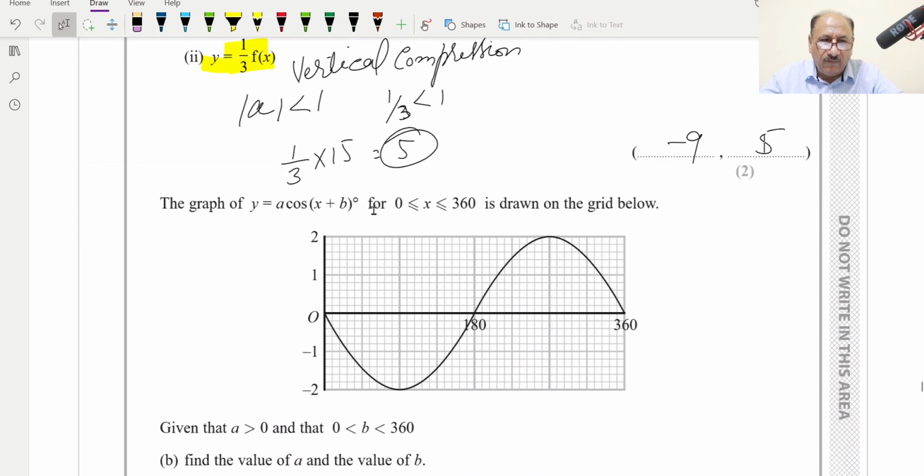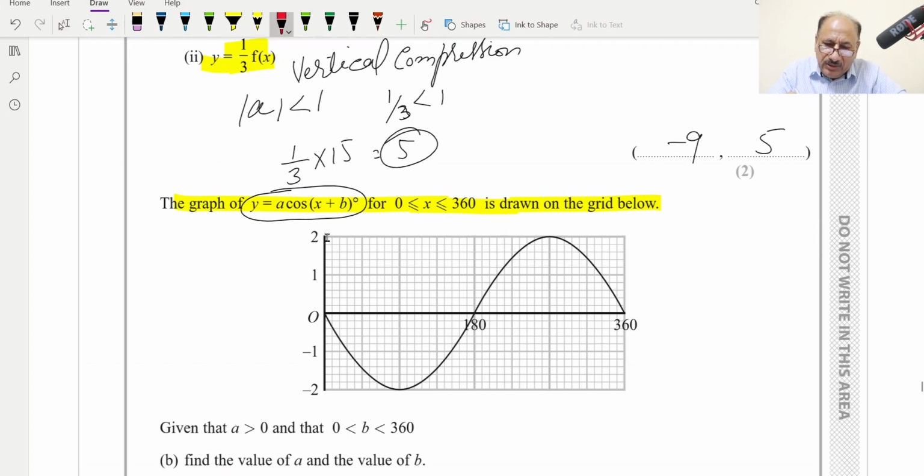The graph of y is equal to a cos x plus b degrees for 0 to 360 degrees, drawn on the grid below. So this is basically the graph for this one.